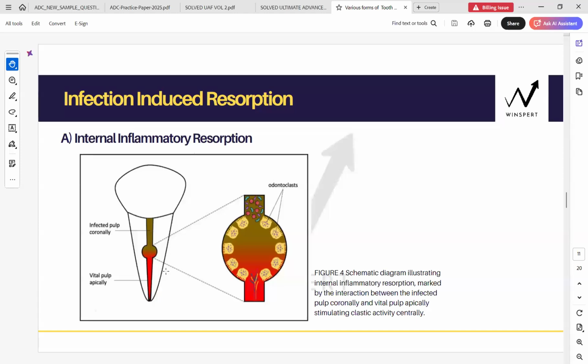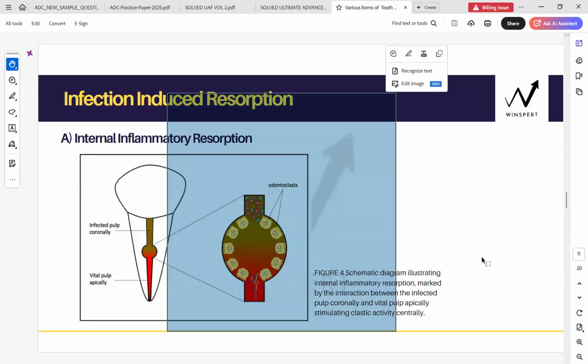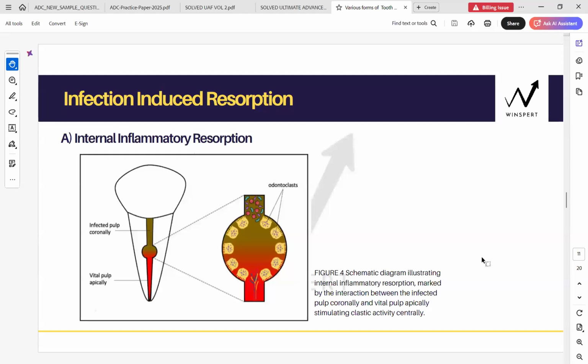That's one of the possible, but you cannot predict what route it will take. But this is how the circular radiolucency will look like. And the etiology is infected canal, infected pulp, right? Which is stimulating the odontoclastic activity. Right? So the odontoclasts are coming from the vital pulp here.